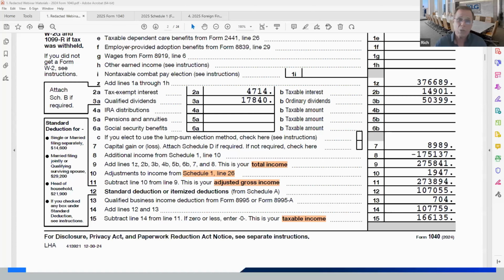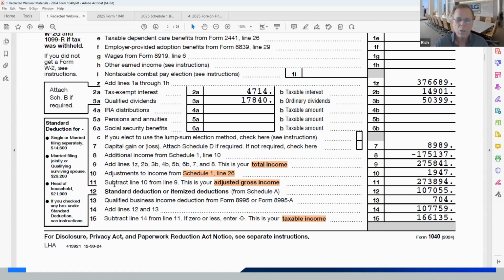And as you all know, on your Schedule A itemized deductions, you can deduct medical expenses over 7.5% of your AGI. So if you multiply 7.5% on $273,000, you get about $20,000. So if their medical expenses were $20,010, they get a $10 deduction. If it was $100,000, they get a $7,500 deduction. So the adjusted gross income is utilized through a lot of deductions and credits.